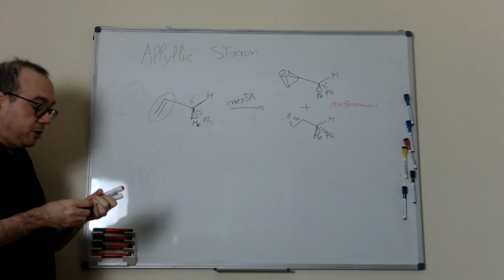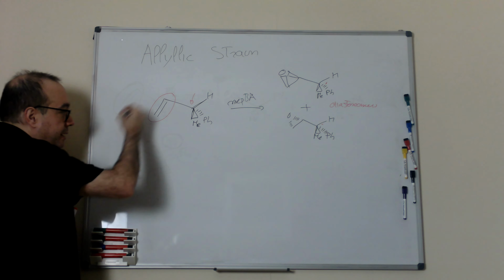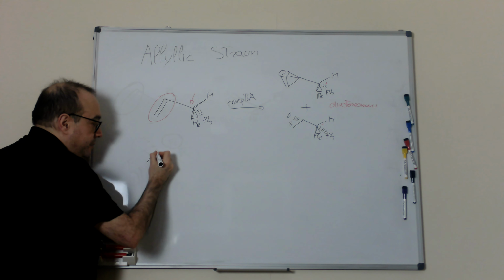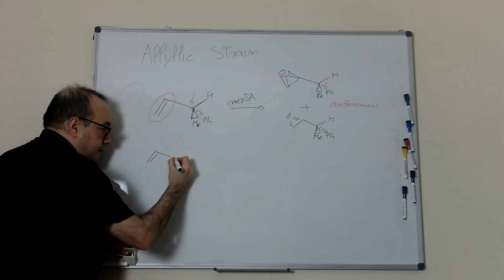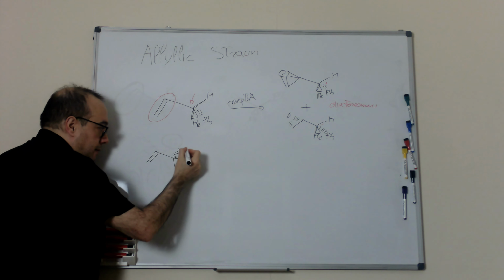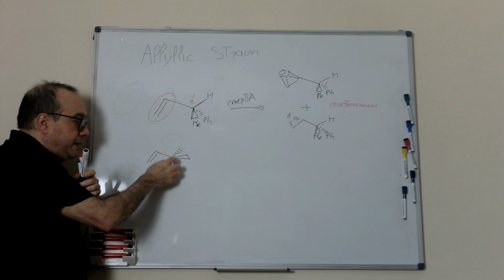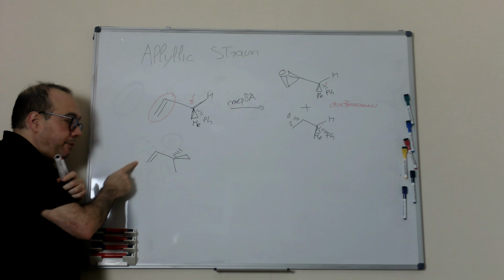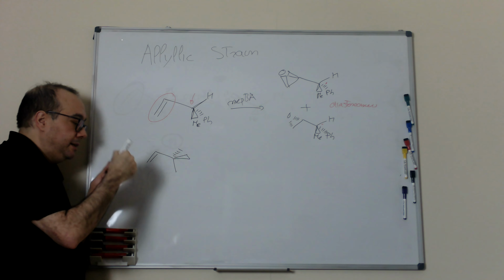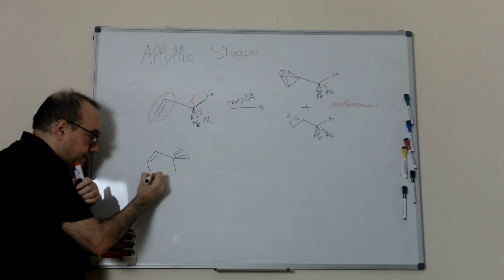The lowest conformation in this type of compound always puts one substituent in the same plane as the double bond, facing the same way as the double bond.